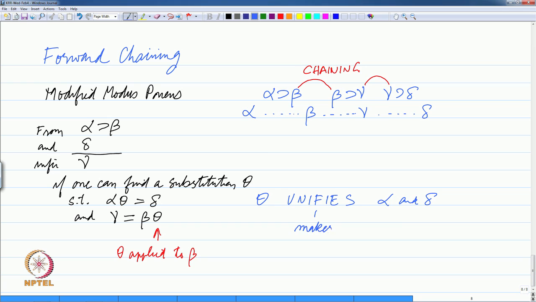In this case there are two formulas, and when we say unifies, we say make identical essentially. And the algorithm which we will look at today is the algorithm which will find this theta essentially. So, theta is also called the unifier or a substitution, but basically a unifier and a substitution are the same things essentially.